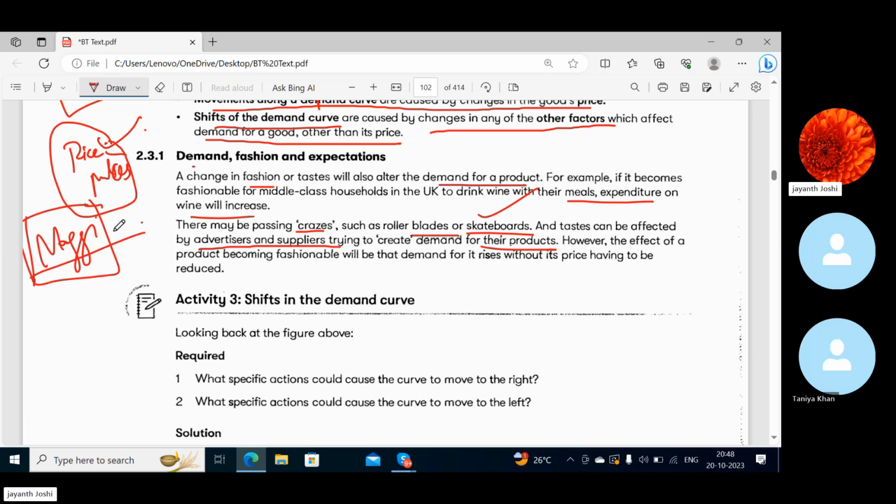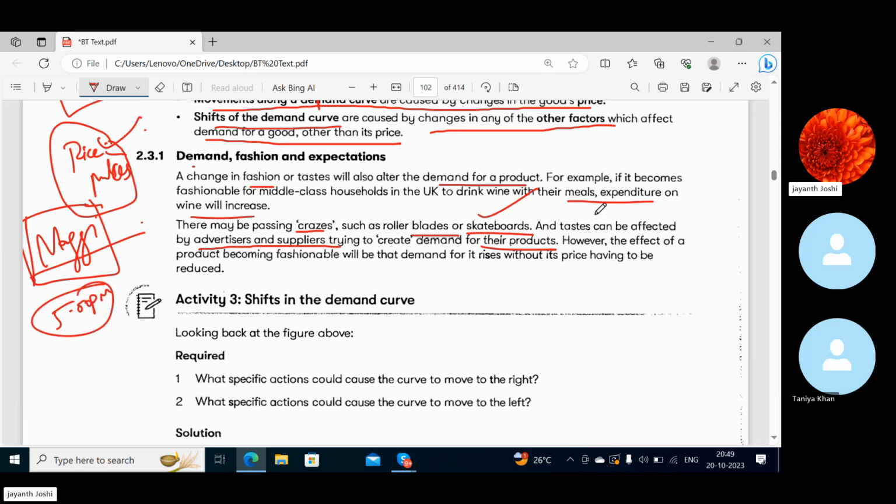The advertisers and suppliers are trying to create demand. They invest heavily in advertisement when they do it for Maggi. So it attracts people and people want to buy. That creates demand. In fact, kids sometimes at 5 p.m., after coming from school, if they see a Maggi advertisement, they start crying, I want Maggi today.